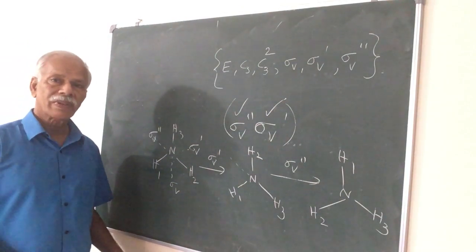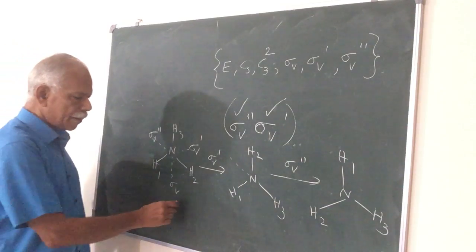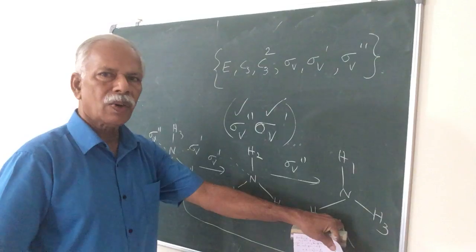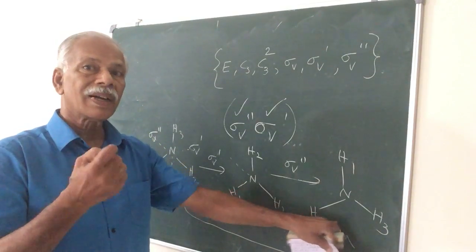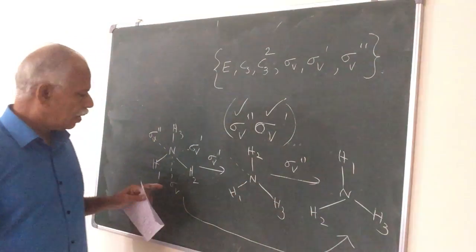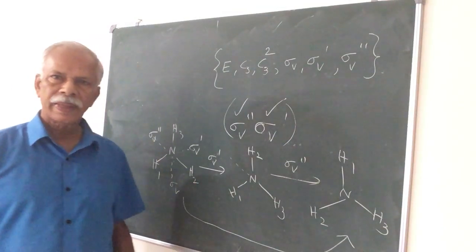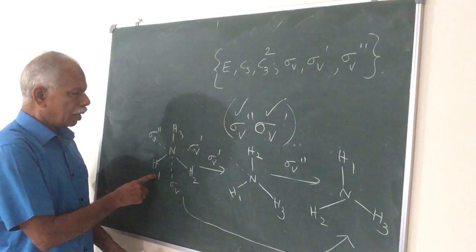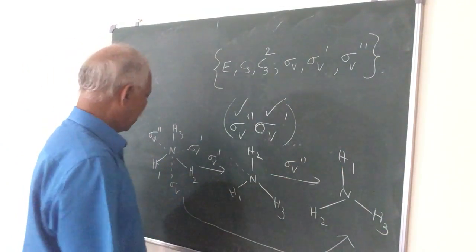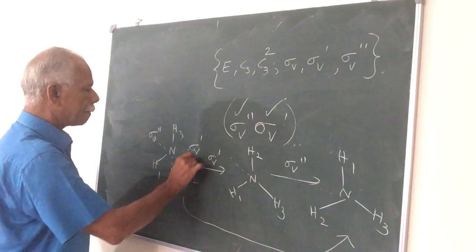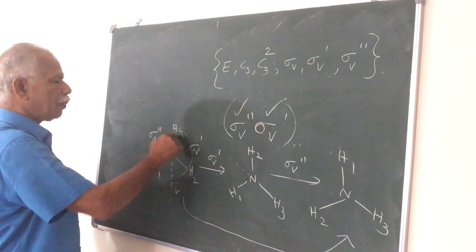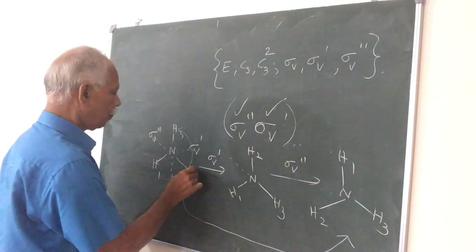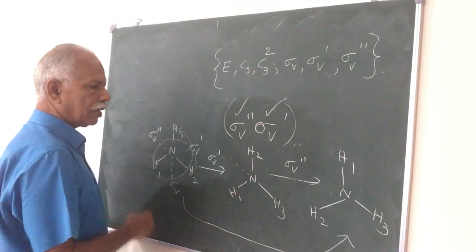Now analyze the starting molecule thoroughly and compare with the end look of the molecule, which a single operation can convert this one to this. It is one among these. This is H1, now the position of H1 is here, as if you have rotated it by 120 plus 120. This is H2, but that H2 has come to this side, again 120.